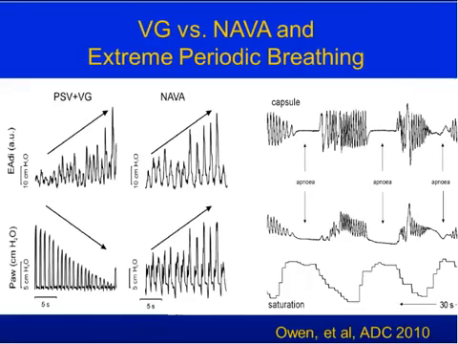NAVA, neurally adjusted ventilatory assist, assumes mature respiratory control because it's a positive feedback, as opposed to the negative feedback of volume guarantee. When the baby makes very little effort, it generates very low pressure, and the more vigorously the baby breathes, the greater the pressure the machine will generate.